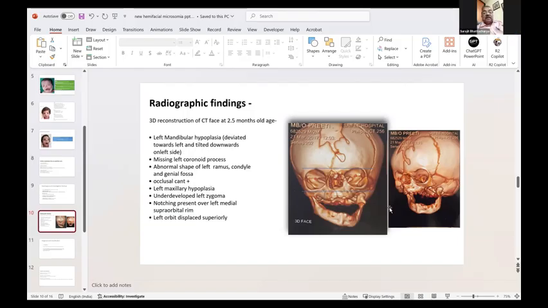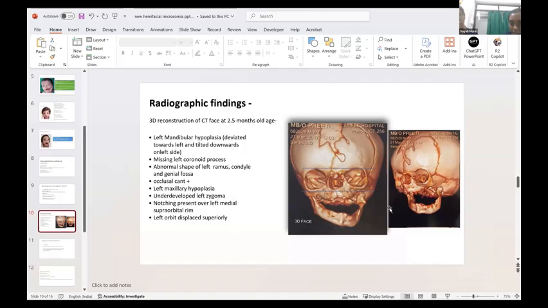Your left coronoid process is missing. If the left coronoid process is missing, does it need a growth center? Will it be enough to continue with distraction histiogenesis? Costochondral grafting also we'll have to do.